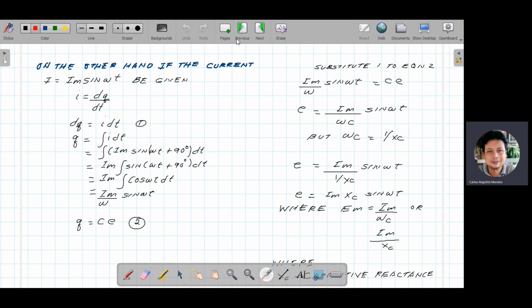Doble lang yung page. Tanggalin ko na lang ito.